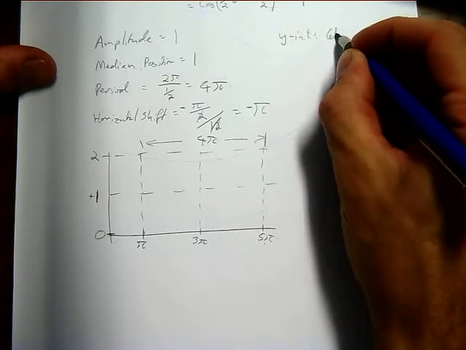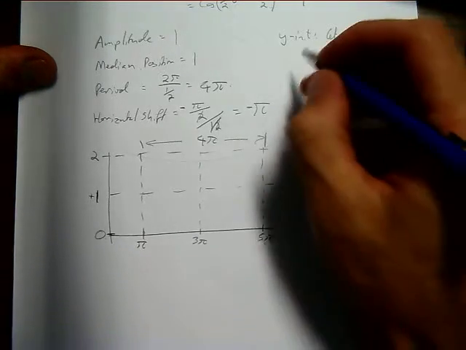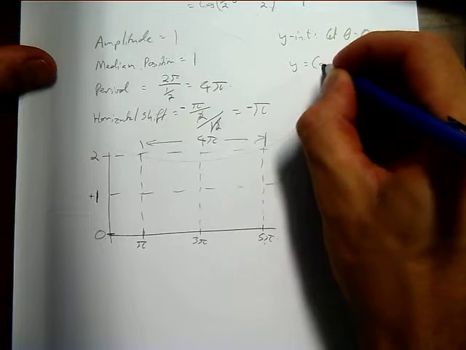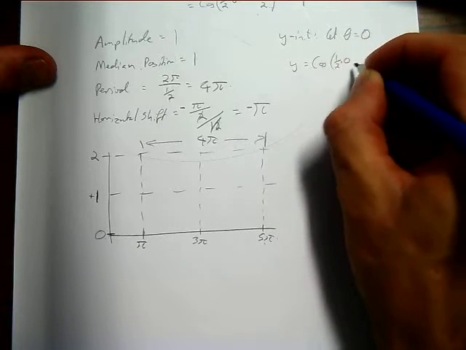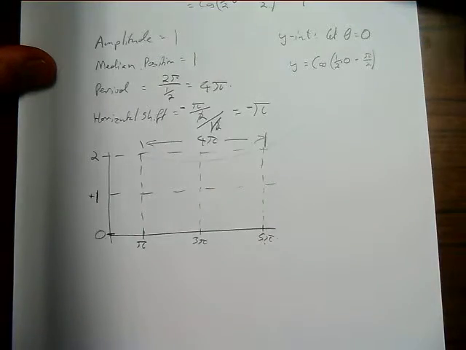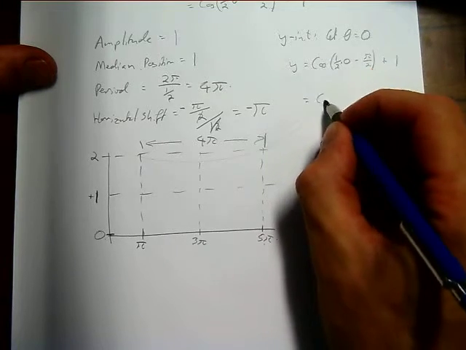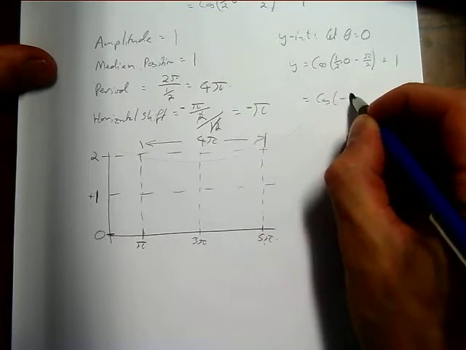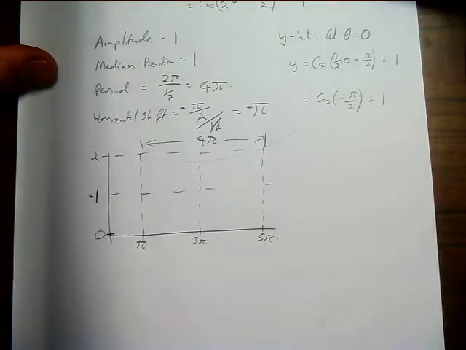We let theta equal 0. Cos of a half of 0 minus pi on 2 plus 1, which is cos of negative pi on 2 plus 1. So what's cos of negative pi on 2?